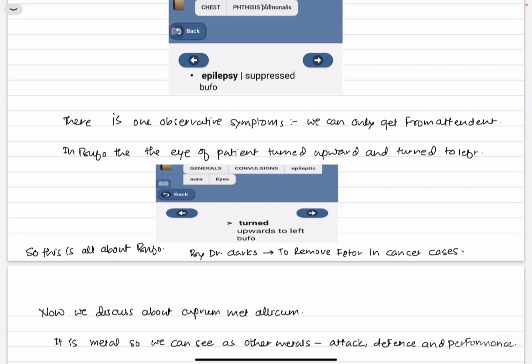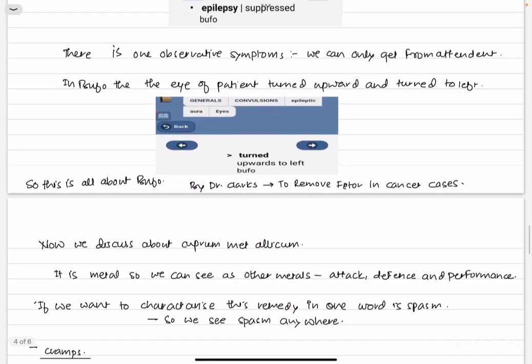In such cases we will find that in a Bufo patient, convulsion, epileptic aura, eyes turn upward and left. If the eyes are turned upward and left, Bufo is a single remedy. This is also an important observable symptom which we may get from the attendant, or if we ask for a video of the patient, we will get that.